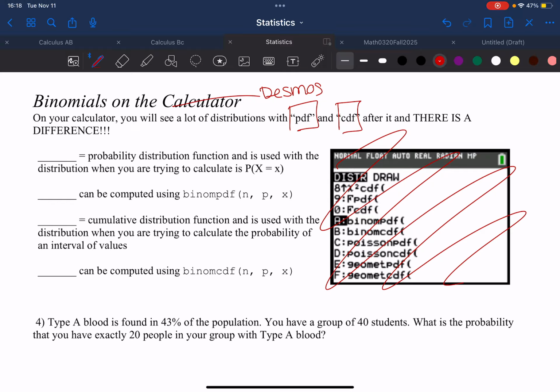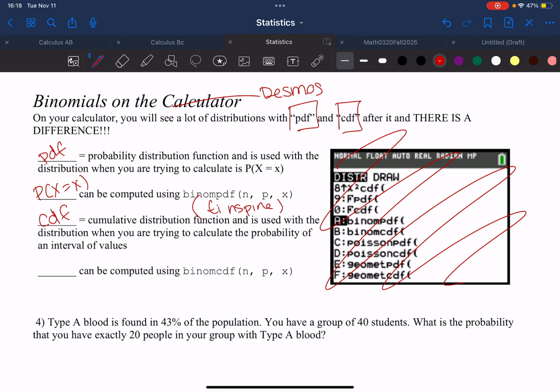But just so you know what this means, PDF is a probability distribution function and is used with the distribution when you're trying to calculate P of X equals X. So P of X equals X can be computed using binomial PDF and PX. Again, this is more on like the TI Inspire.